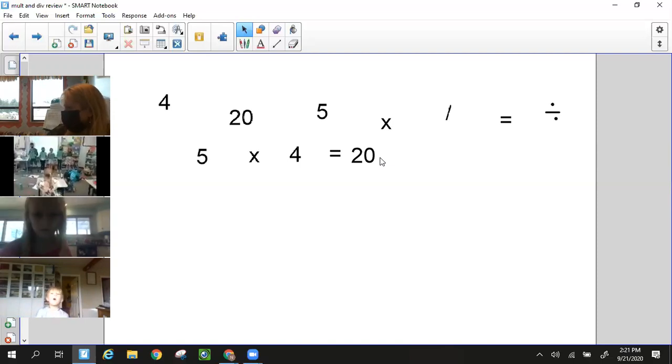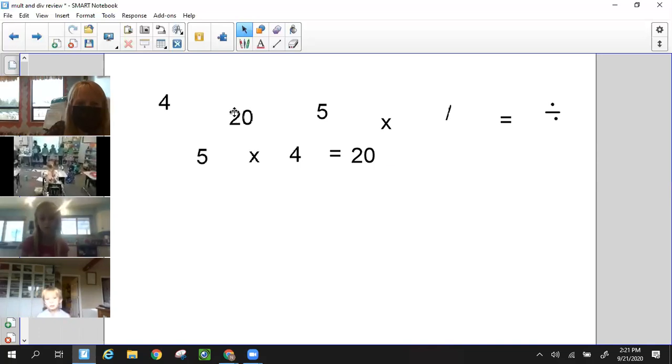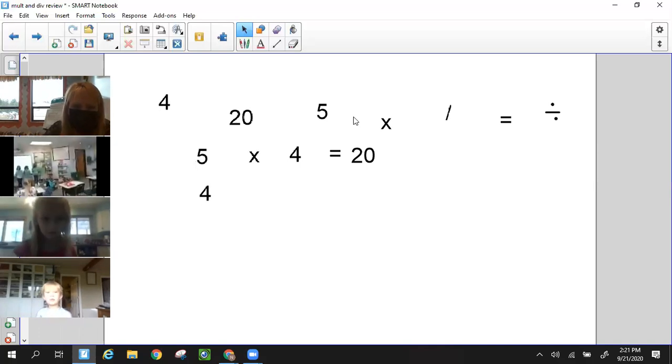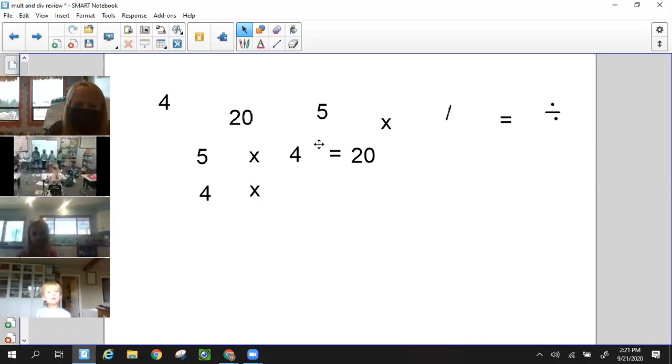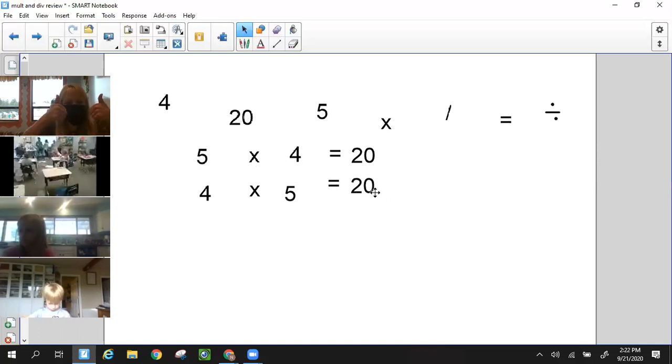August, can I see the two multiplication equations? All right, Lucas, start us off. What did you guys come up with? 5 times 4 equals 20. So if 5 times 4 equals 20, 4 times 5 also equals 20. Yes? How'd you do at home?